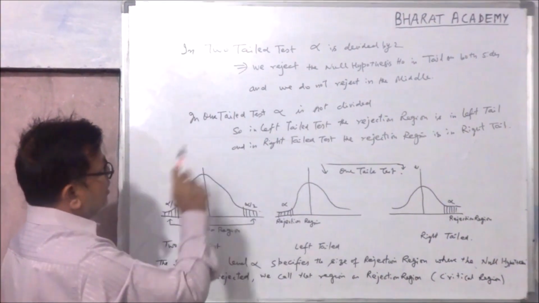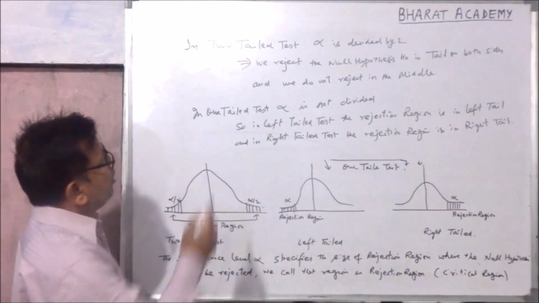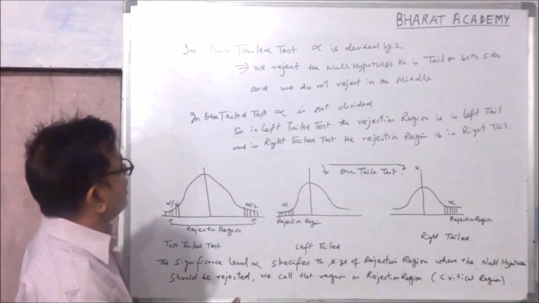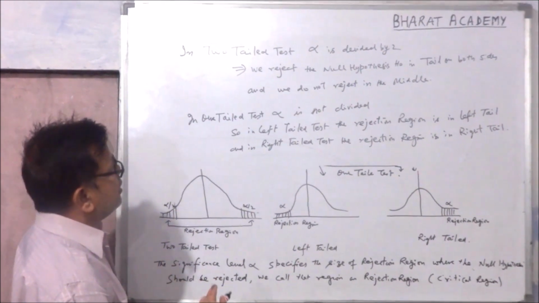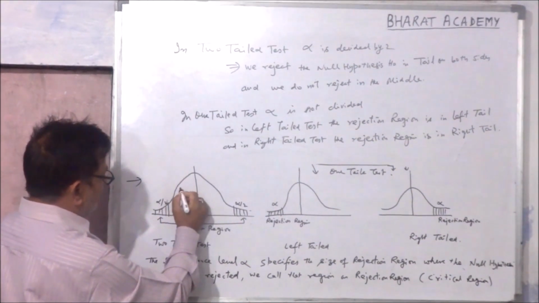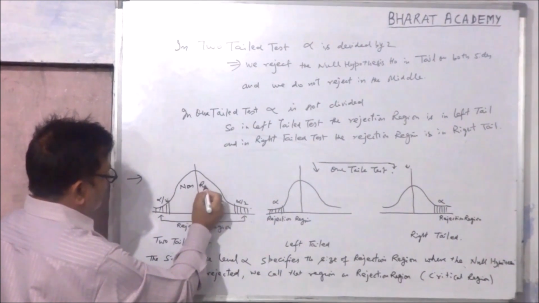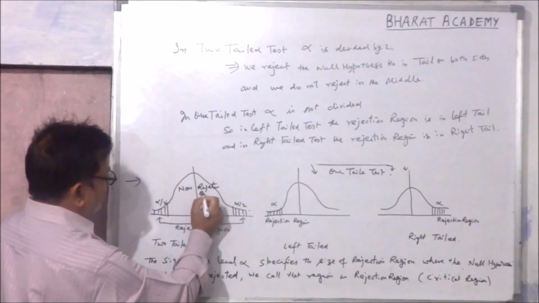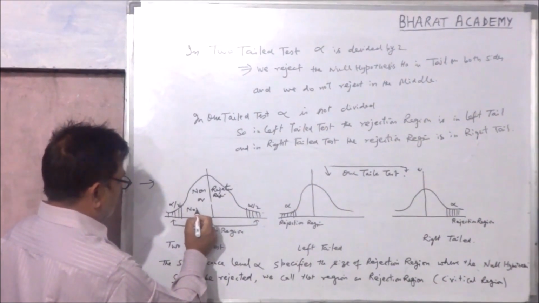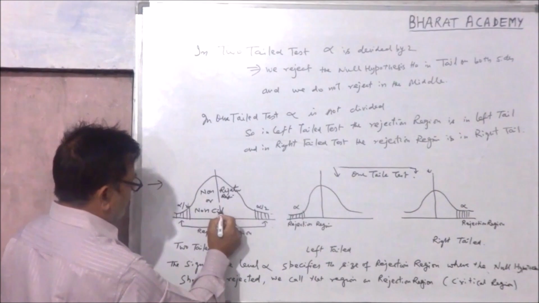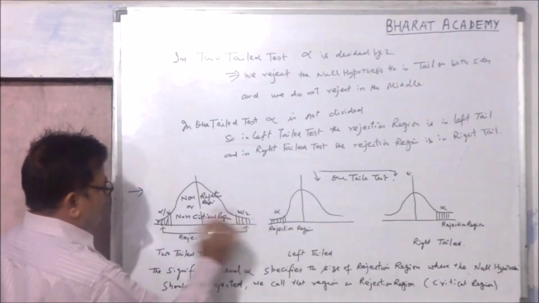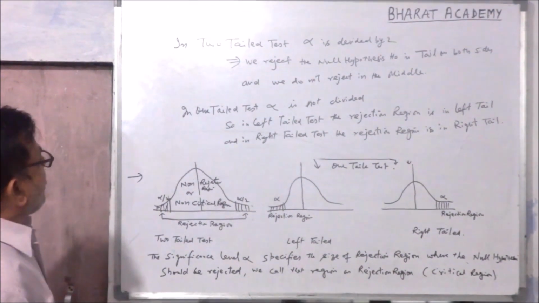In two-tailed test, alpha is divided by 2. It means we reject the null hypothesis H0 in tails on both sides, and we do not reject it in the middle. From the graph it's quite clear that this portion is called non-rejection region or non-critical region, and this shaded portion is called critical region.